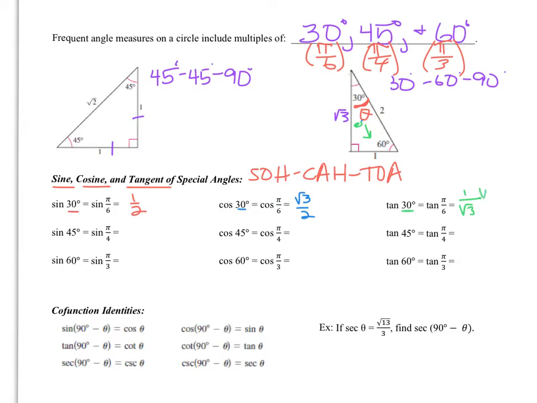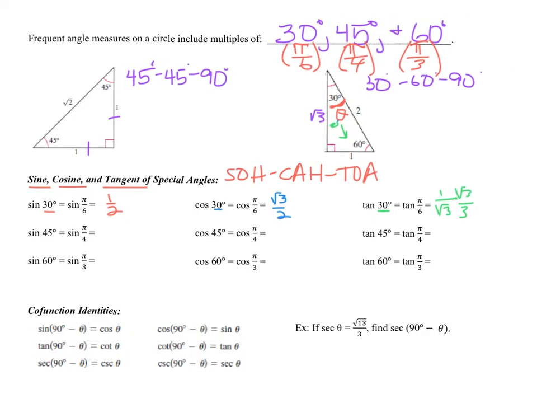So we'll multiply by square root 3 over square root 3, and this will eliminate the radical in the denominator. 1 times the square root of 3 in the numerator stays the same. The square root of 3 times itself in the denominator is positive 3. So these are the exact values for sine, cosine, and tangent at 30 degrees.